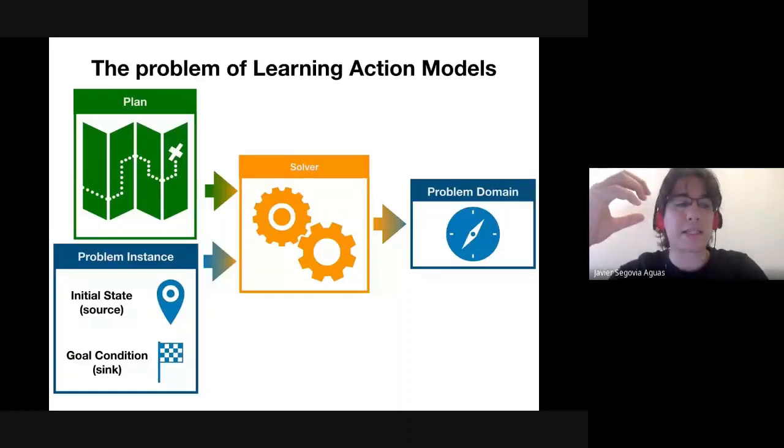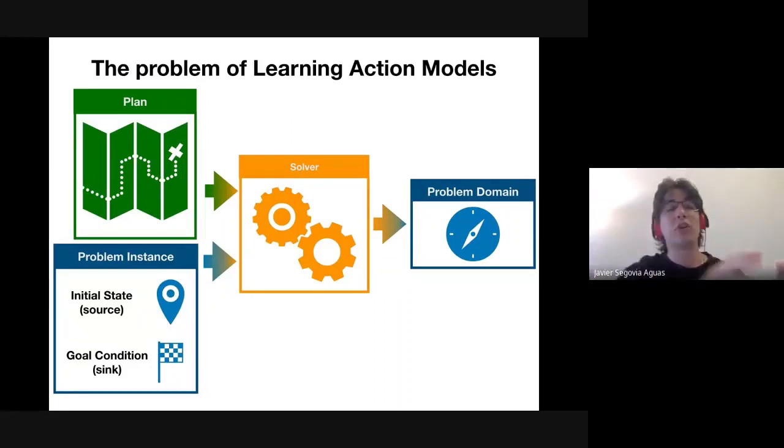Also, our problem instance, where we have this initial state and this goal condition. All this can be used as input to a solver, and the idea of the solver is that it will produce this problem domain, this set of rules that apply to the plan that you provided, but still guarantees that you can go from this initial state to this goal condition.